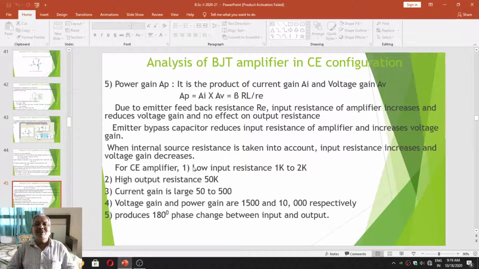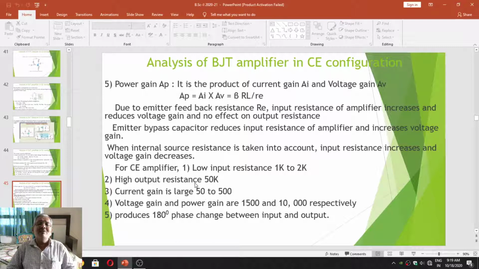Output resistance is large, 50 kilo ohm. The input junction is forward biased whereas the output junction is reverse biased. So that's why output resistance is large and input resistance is low.